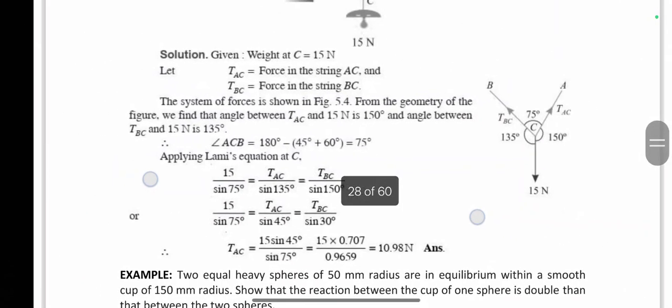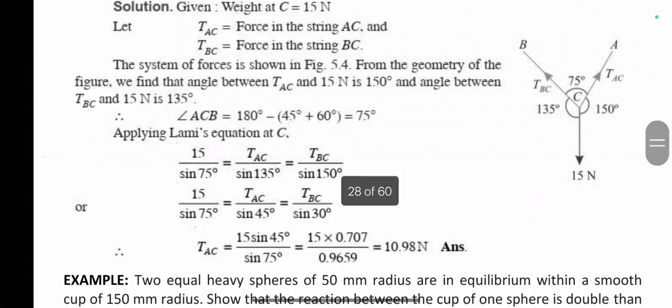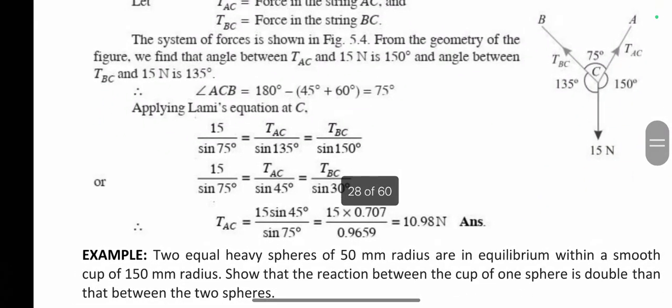So by using the sine formulas and applying Lami's theorem at point C, 50 divided by sine of the opposite angle, which is 75 degrees. Next, TAC, the tension in the string AC, is divided by the sine of the opposite angle. The angle opposite to TAC is 135 degrees. So TAC divided by sine 135 degrees is equal to TBC divided by sine 150 degrees.